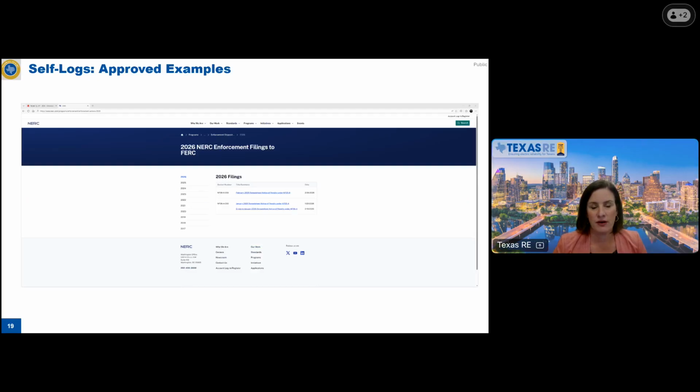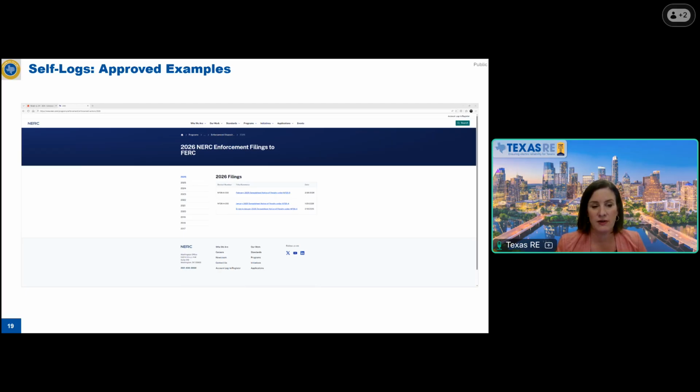If you do get to be part of the self-log program, one resource that you have here is what I'm showing you on the screen. NERC has all of their non-SIP, so O&P only, self-logs that they have approved on their website. So you can navigate to this website, and I'll have a link on the next page.